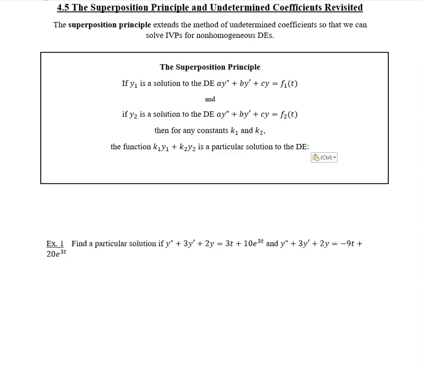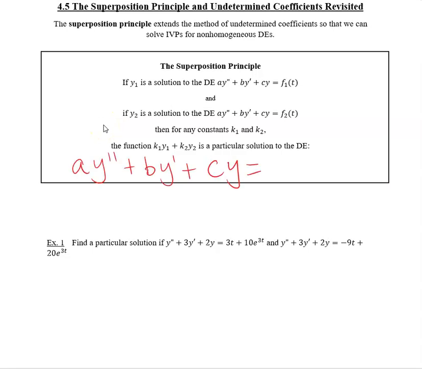So if we know that y1 is a solution to the differential equation, and that differential equation is equal to some function of the independent variable, and we also know that y2 is a solution to the same differential equation but equal to some other function of the independent variable, then for any two constants, k1 and k2, or c1 and c2, doesn't matter what we call them, we know that the linear combination k1 y1 plus k2 y2 is going to be a solution to the differential equation ay double prime plus by prime plus cy equals k1 times f1 of t plus k2 times f sub 2 of t.